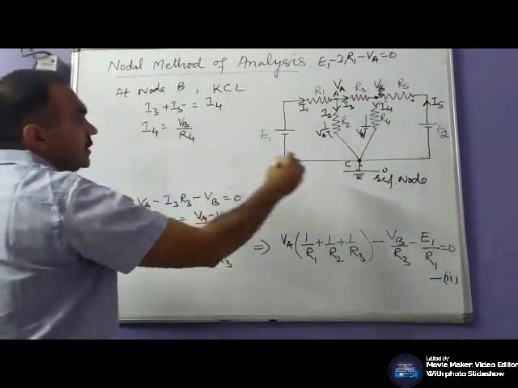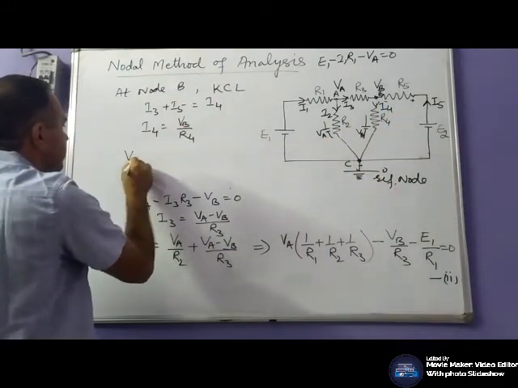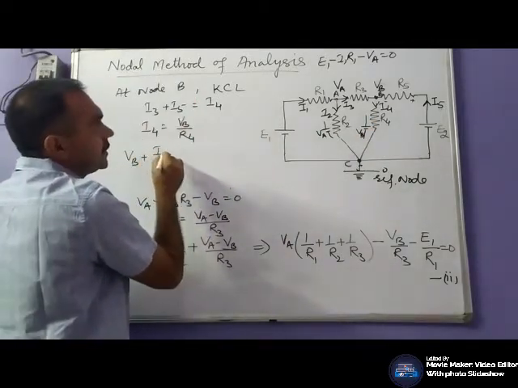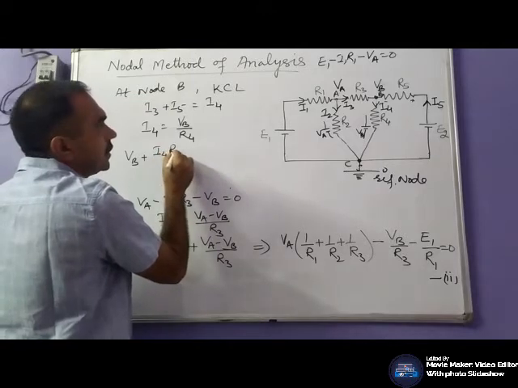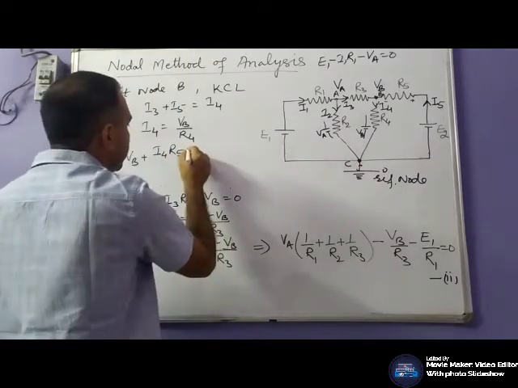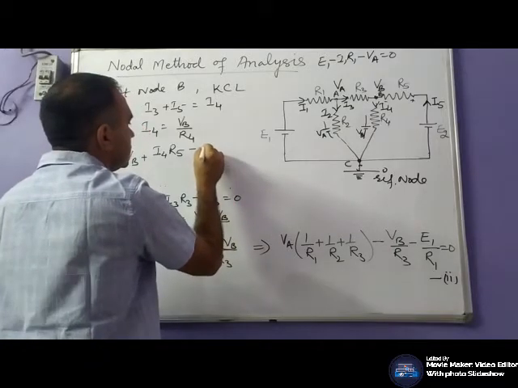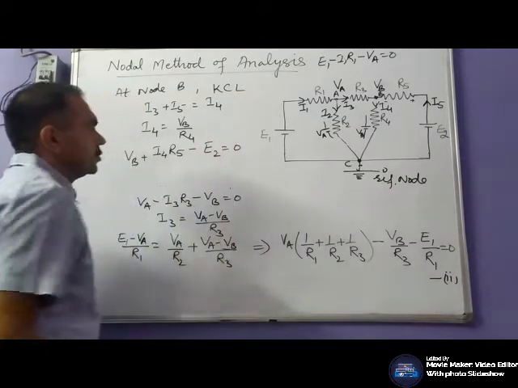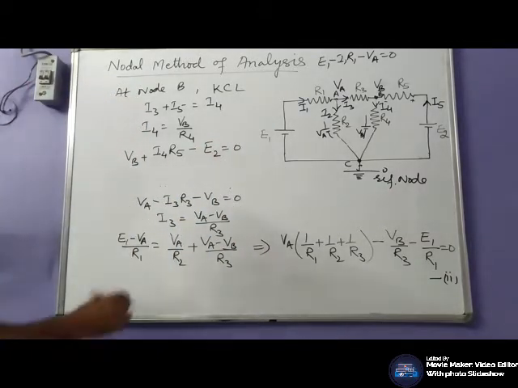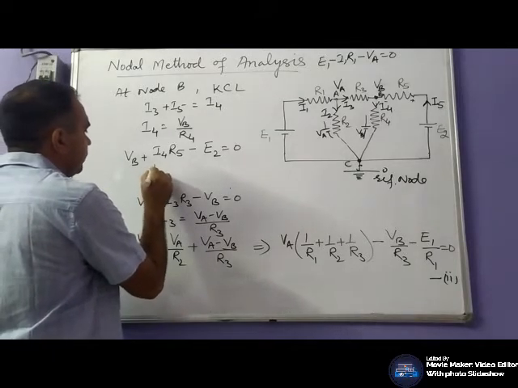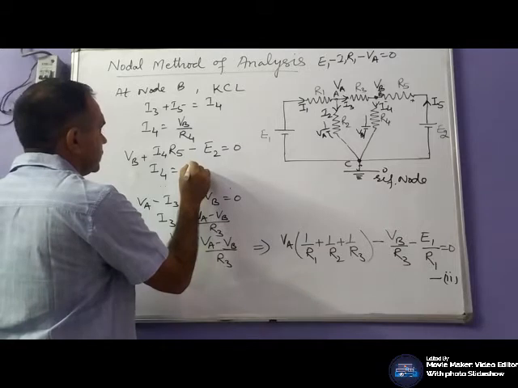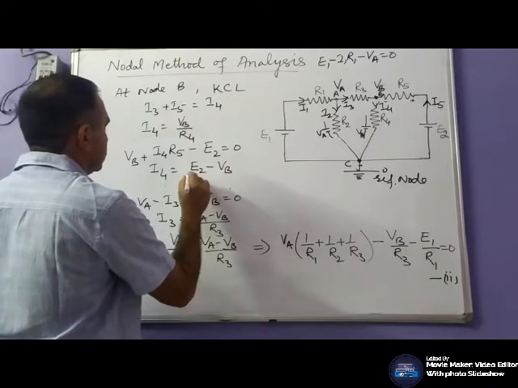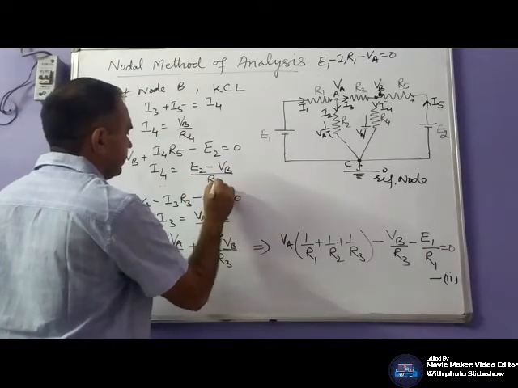Your equation will be, when you apply VB minus, direction of current, plus I4 R5 minus E2 is 0, or I4 is E2 minus VB by R5.